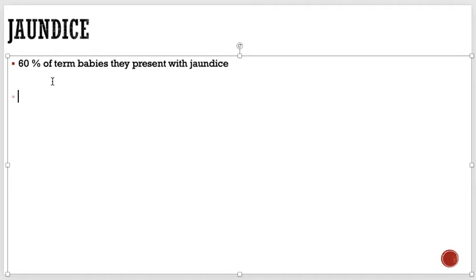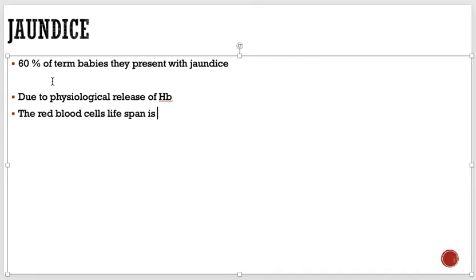Okay, so simply due to physiological release of hemoglobin, the red blood cell lifespan is shorter, 70 days.